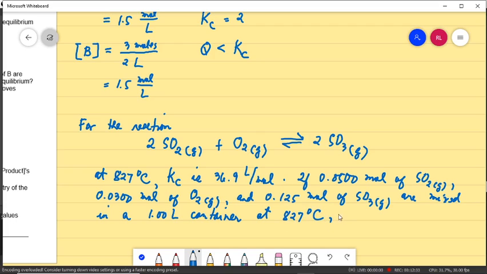So question, in what direction will the reaction proceed?